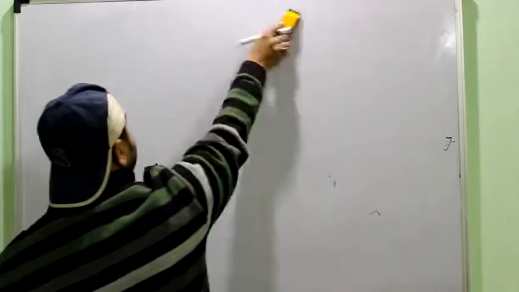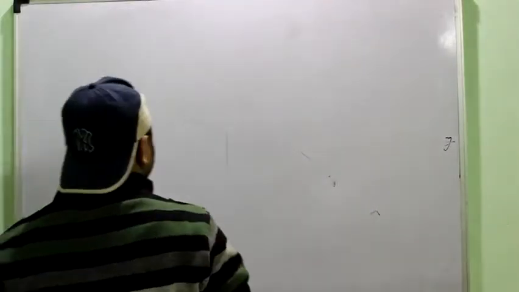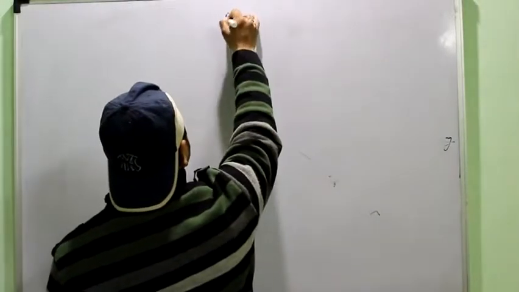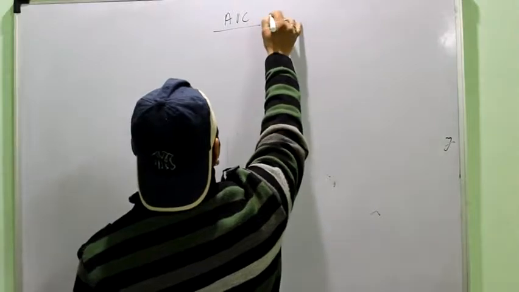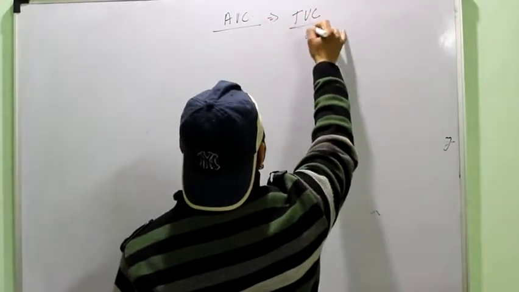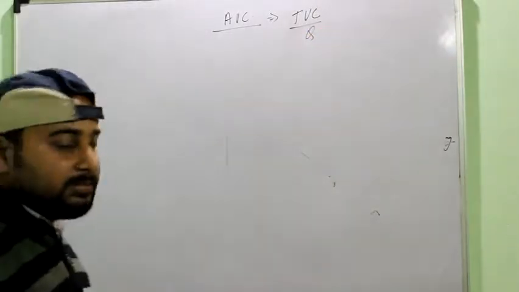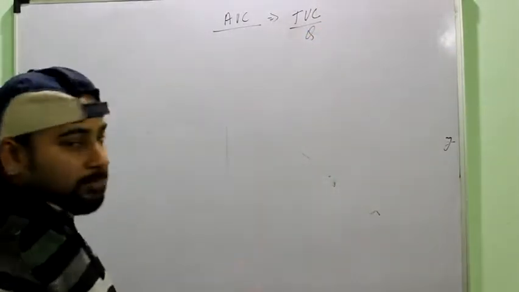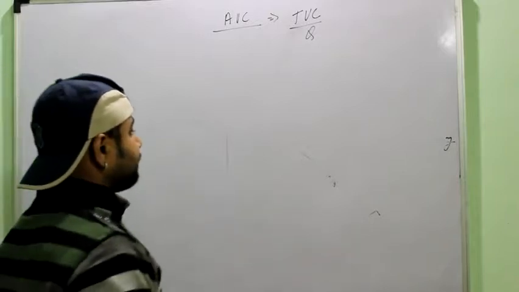Okay, now after understanding the behavior of AFC, we have to understand the behavior of the AVC curve, the average variable cost curve. Now again remember, average variable cost is total variable cost divided by the output, right? It means output is constantly increasing.